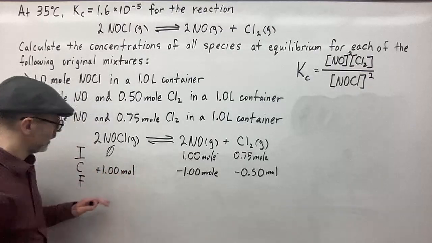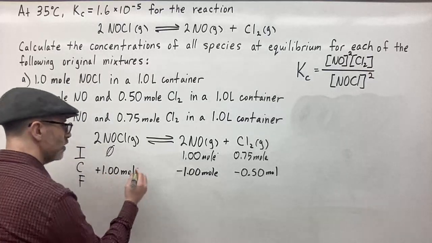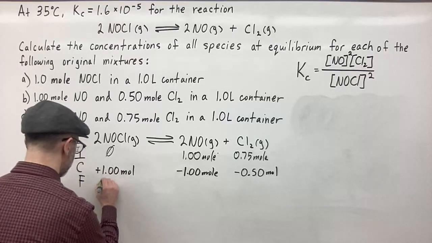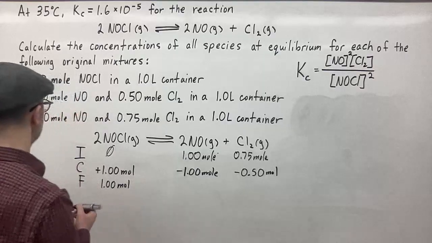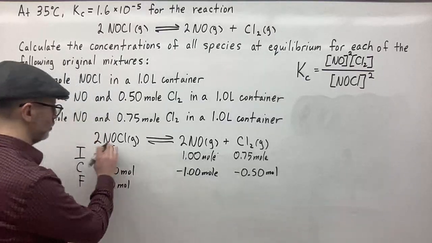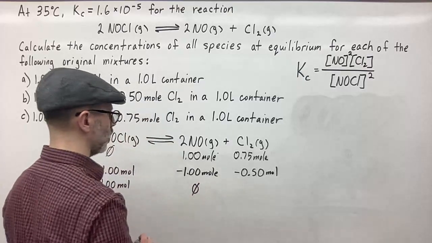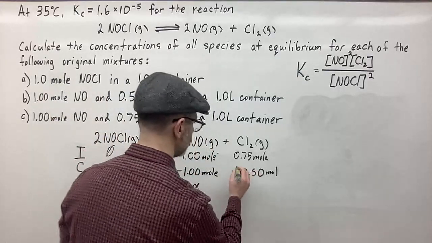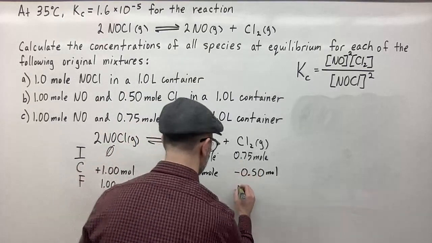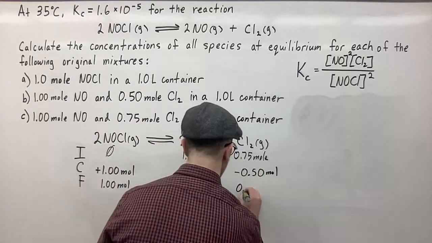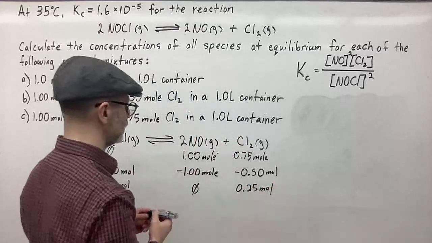So then I end up, after the stoichiometry, with 1.00 moles of the NOCl, and I'm going to end up with 0 amount of NO. And then if I subtract 0.50 moles from 0.75, I get 0.25 moles of Cl2 left.